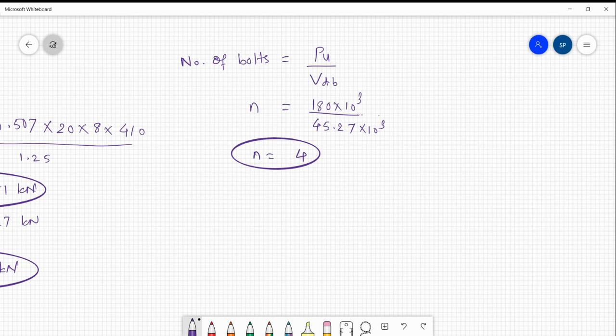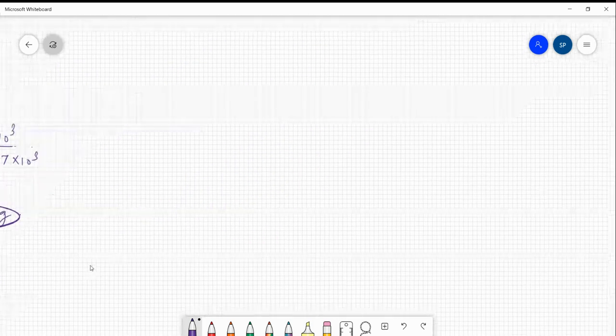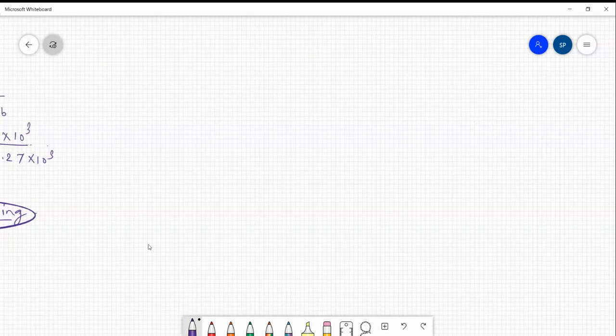Now once you get the number of bolts, then you have to go for connection detailing. Connection detailing means you have to arrange the bolts in the connection so as to get the next step done. I will draw the connection now.